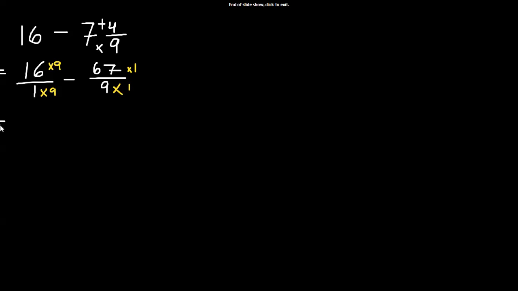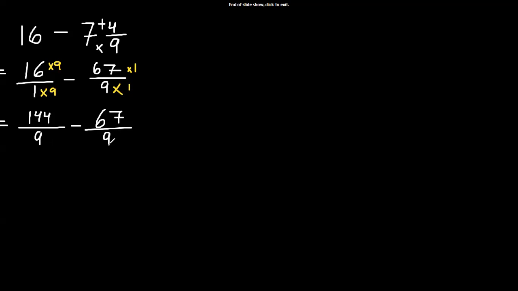I got 7 and 7 over 9. Okay, but that could be lowered. So 16 times 9 is what? 144. So 144 over 1 times 9, which is 9, minus 67 over 9.